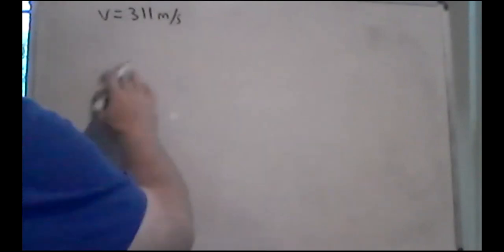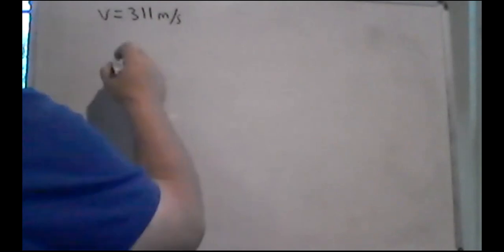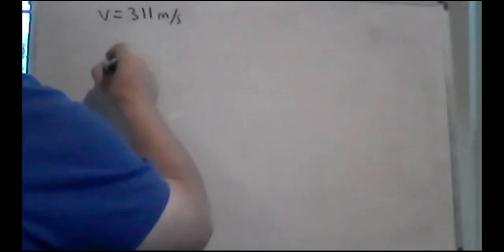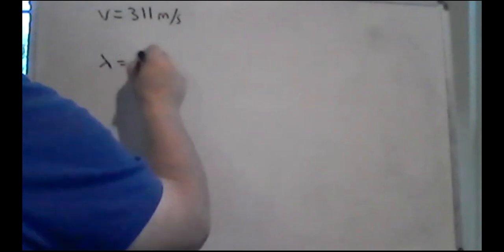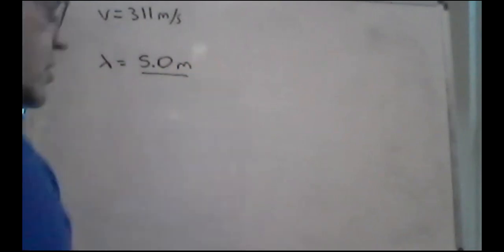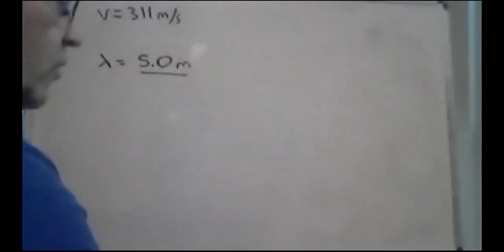Essentially I have 5 meters is good for about 7, maybe 7.5 cycles. Well, we'll say 7, because I saw part of another one. So lambda would be the total distance that the wave traveled, about 5 meters, but that's equivalent to 7 full cycles.